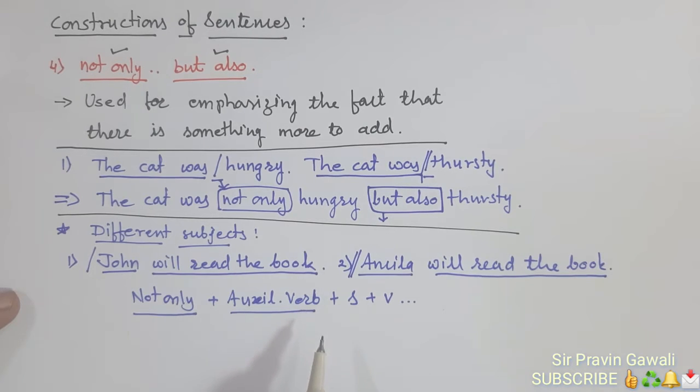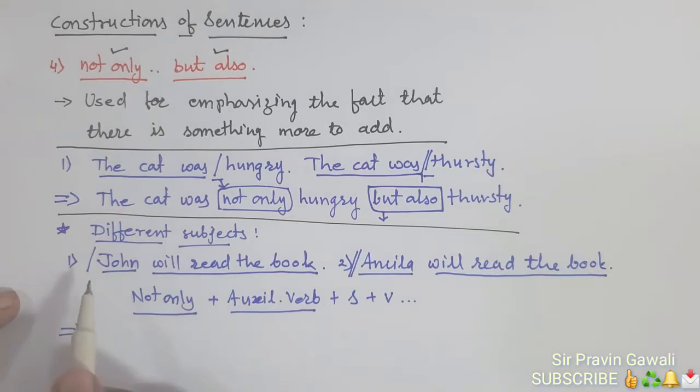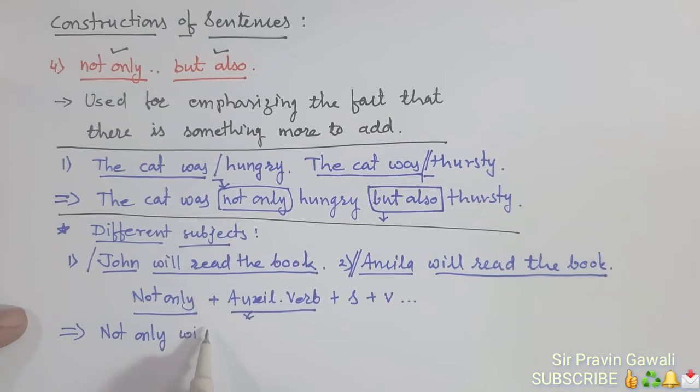For example, here the construction will be like this. John and Ancilla are both different parts, we can see here. So the sentence will begin with not only. Now according to the structure, will comes before the subject.